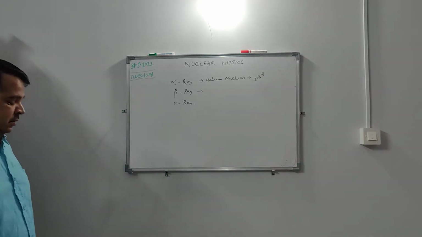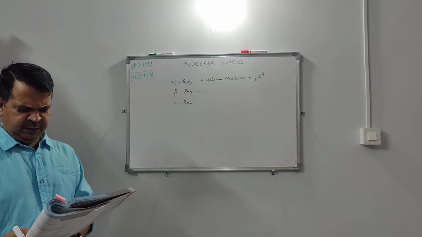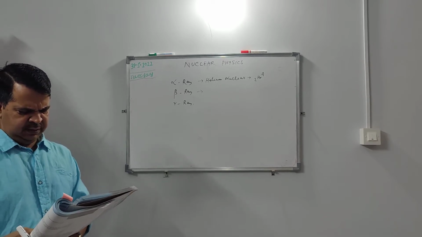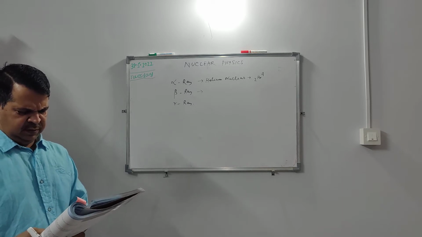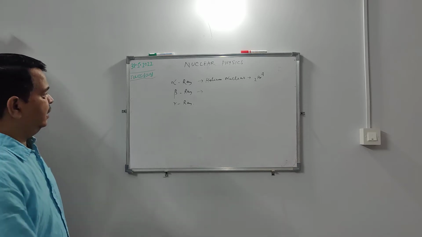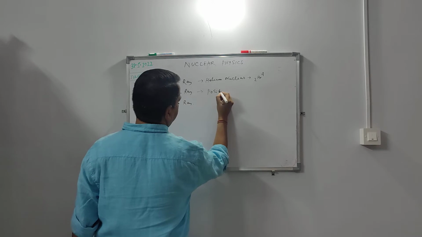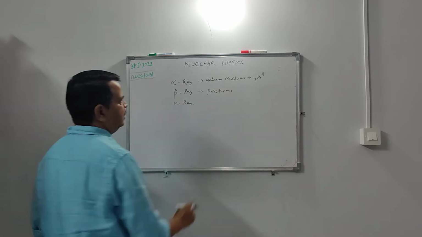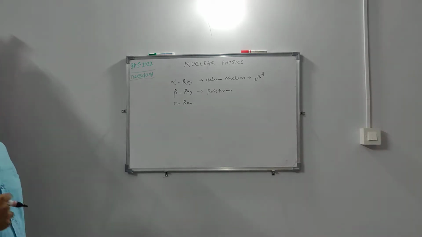Then the beta ray, in which electrons or positrons, particles with a charge exactly opposite to that of an electron, are emitted. So here positrons are emitted. What will happen when a beta ray gets emitted?